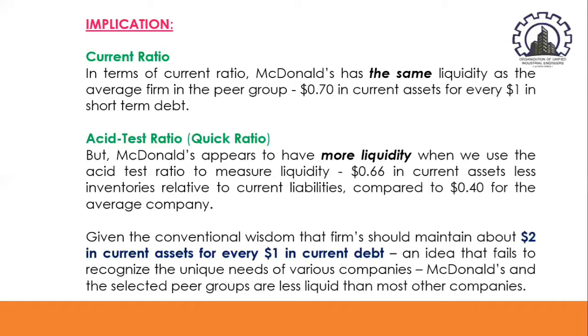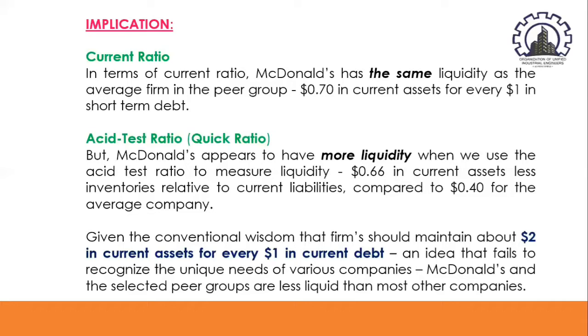Now, what will happen if you have fewer current assets for every $1 of current liability? What will happen if you have less than $1 in current assets versus $1 in current debt?